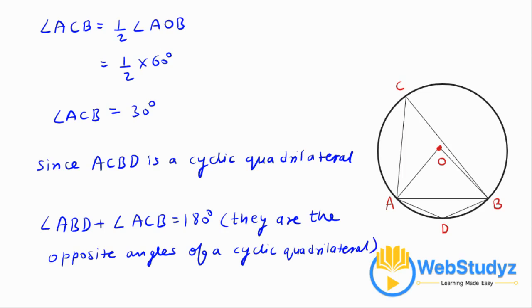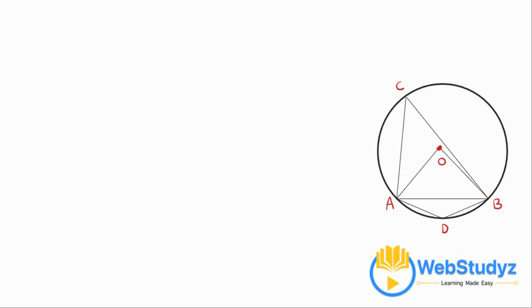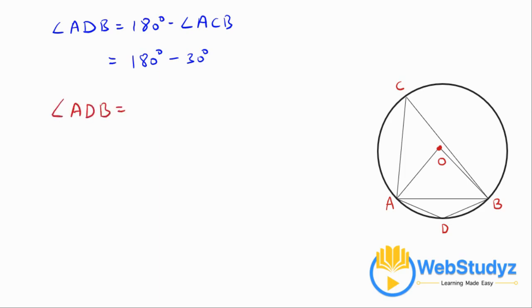So from here we can write that angle ADB is equal to 180 degrees minus angle ACB, and this will be 180 degrees and ACB was calculated as 30 degrees. So from here we get angle ADB as 150 degrees.